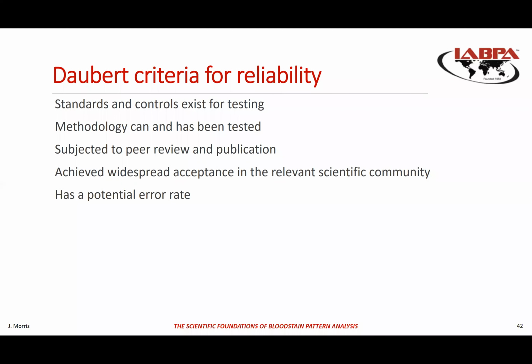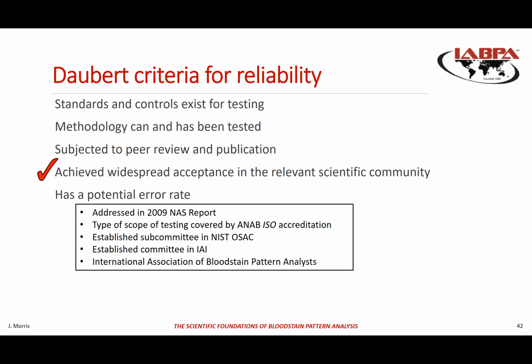So they established 5 different criteria. For bloodstain pattern analysis, it's essential that I can demonstrate and articulate that BPA satisfies the Daubert criteria. We aren't going to take these in order. First one: achieved widespread acceptance in the relevant scientific community, and BPA has satisfied that one.